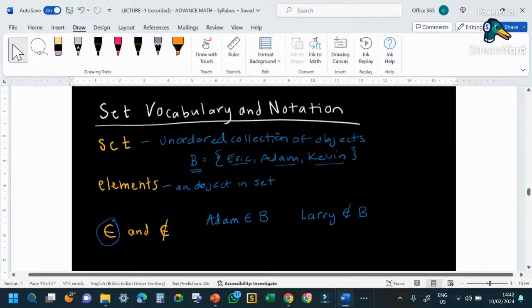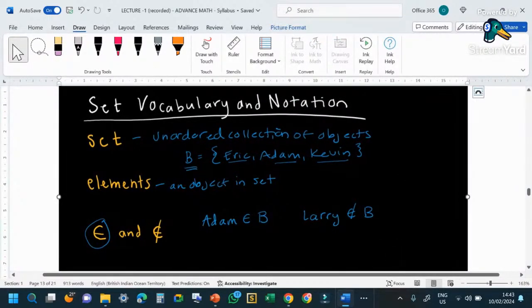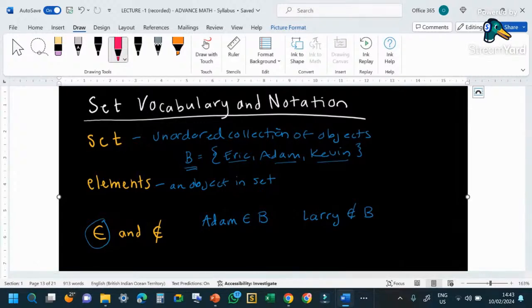Okay, so the set vocabulary and notation. Set, this is an unordered collection of objects. So what I have here is a set B such that this set has the elements Eric, Adam, and Kevin.